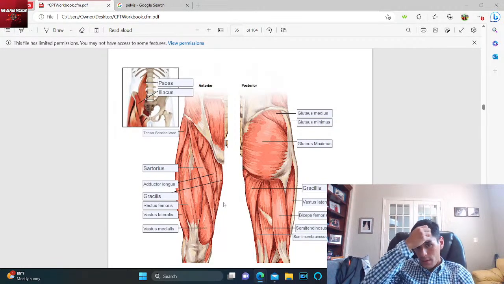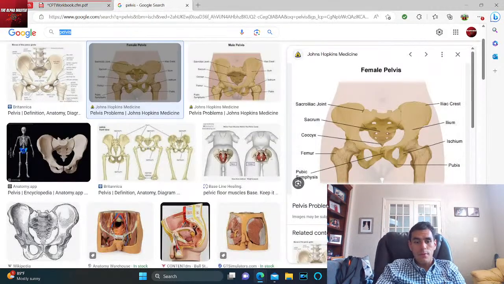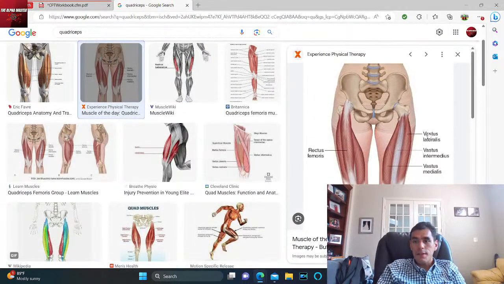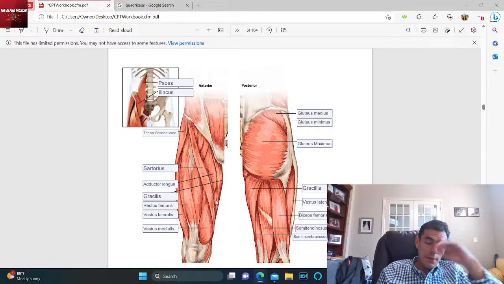That's the quadriceps muscle right here.